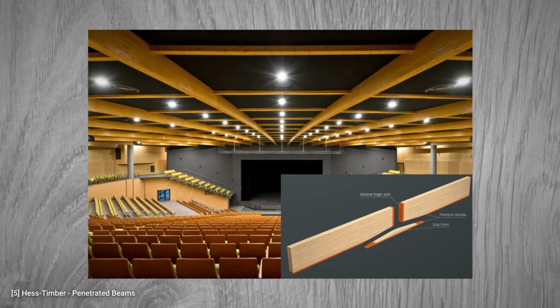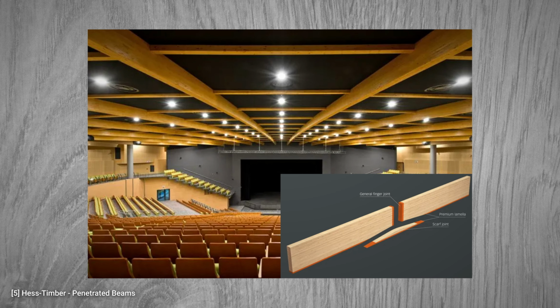Another variant features penetrated beams, which include openings or penetrations created in the beams themselves. This allows one beam to pass through another while still maintaining the overall structural integrity. Careful engineering is essential to ensure that the strength of both beams is not compromised by the penetrations.